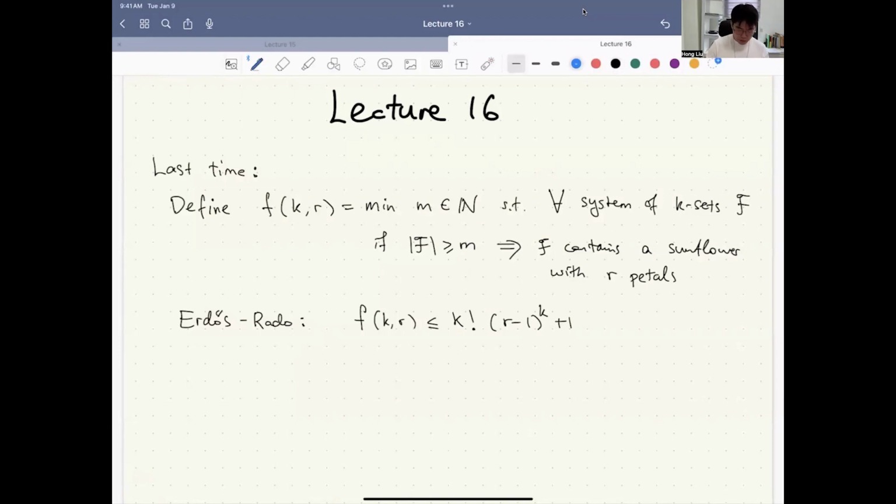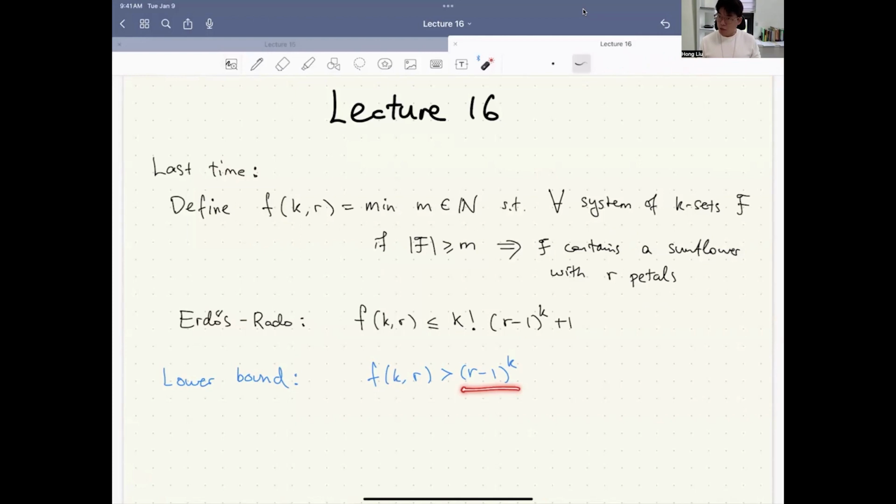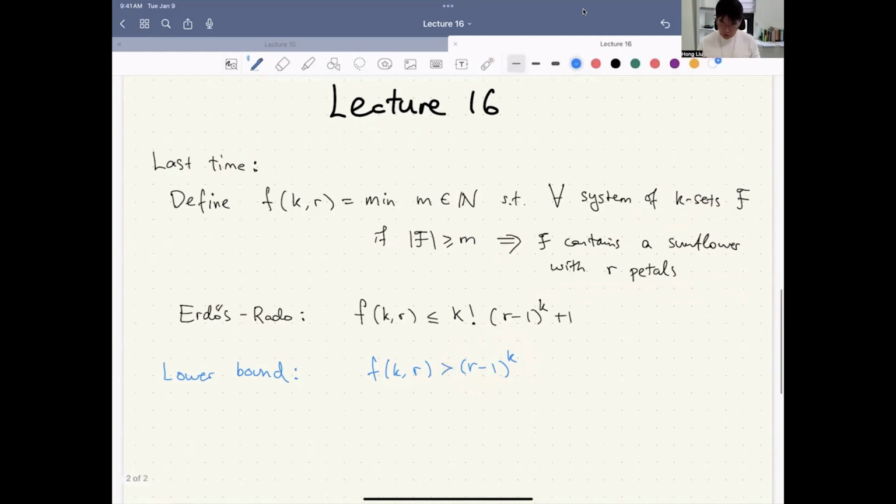Here's a lower bound: f(k, r) is strictly greater than (r-1)^k. That means we need to construct a system of k-sets of this size which does not contain a sunflower with r petals. Here's the construction.